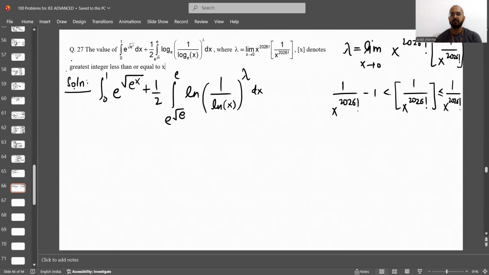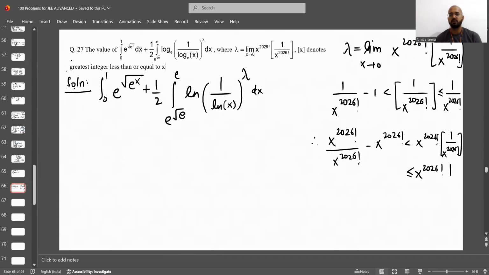So now I'll multiply by x to the power 2026 factorial. So if I multiply, I get here that's factorial. This is less than or equal to x to the power 2026 factorial into 1 over x to the power 2026 factorial.